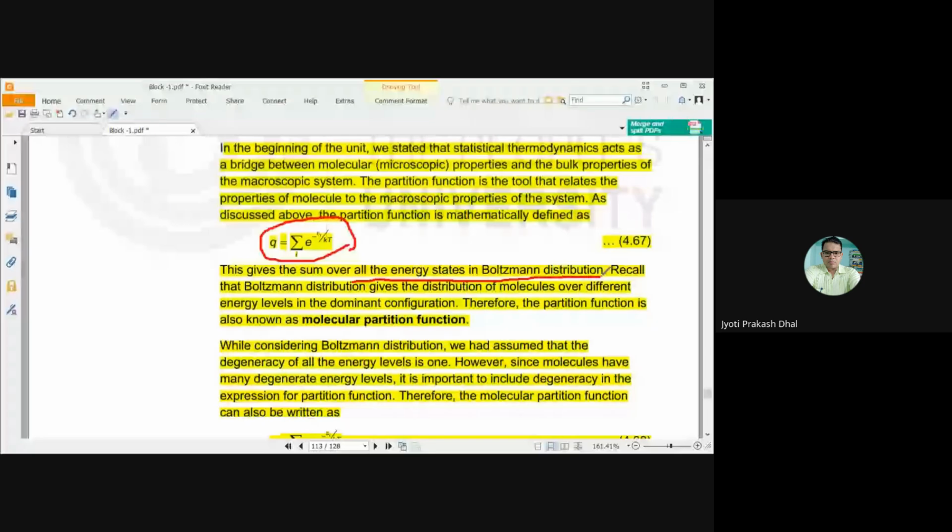Now you should remember that the Boltzmann distribution gives the distribution of molecules over different energy levels in the dominant configuration. Therefore, the partition function is known as the molecular partition function.